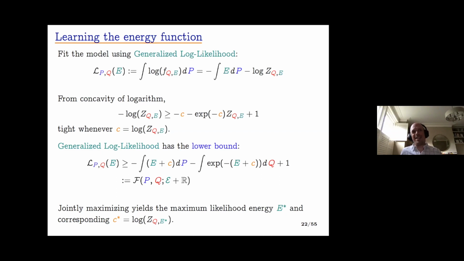So I'm going to just find the best function in my class, combining my generator and my critic, according to this generalized log likelihood. I'm going to maximize the likelihood of my model under my data. Will I hit P? Of course I won't, and that I don't dispute.